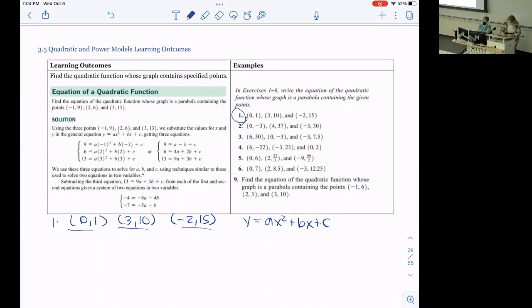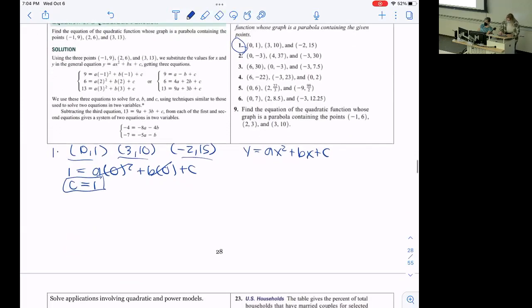So when we plug in this first point into the equation, so y equals 1. Then we have a times 0 squared plus b times 0 plus c. So 0 squared times a is 0, b times 0 is 0, and then we're given c equals 1. So we want to keep that for later.